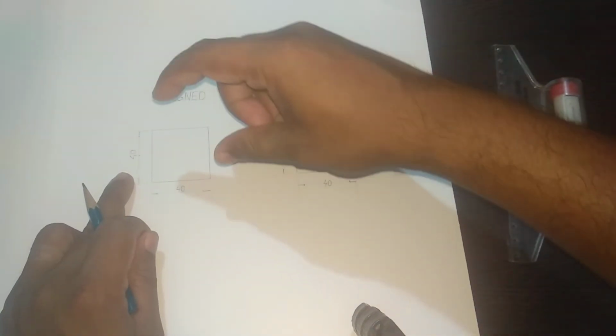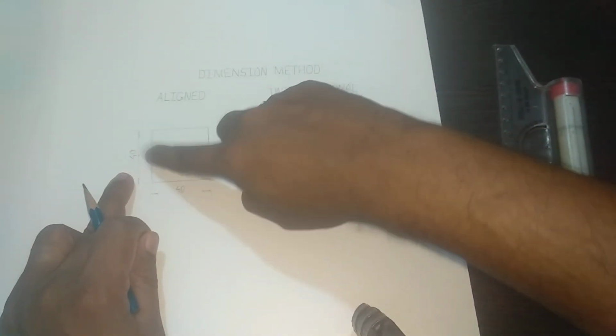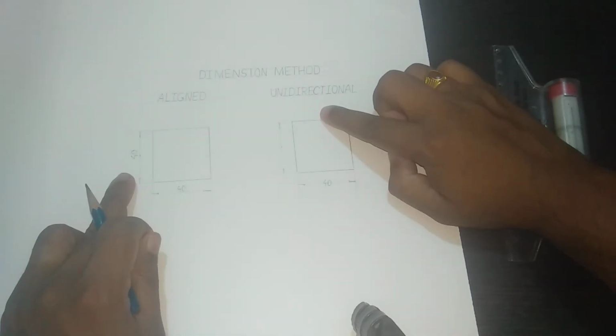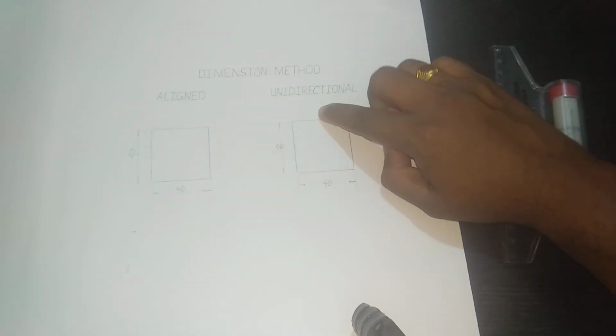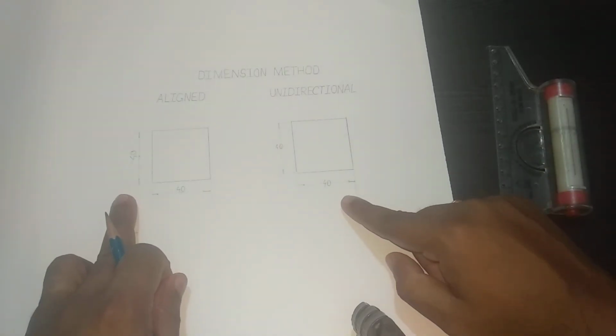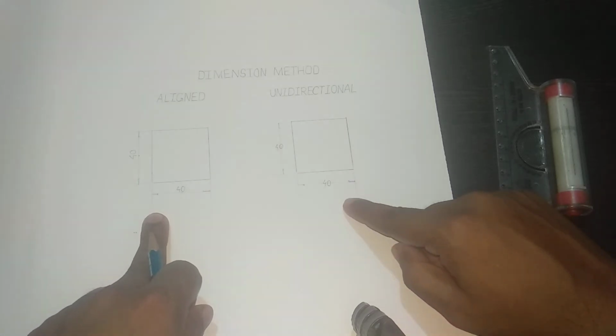We have to simply rotate that and then write it down this way for the align method. Okay, so similarly in the unidirectional method we have to write the dimension in between that dimension line, like this. So this is the difference between these two dimensioning methods. The first one is the align method and the second one is the unidirectional method.